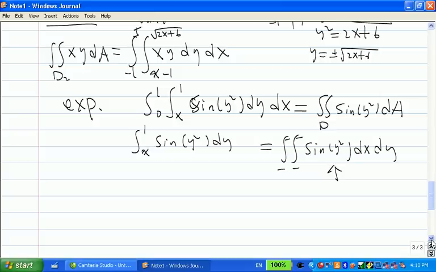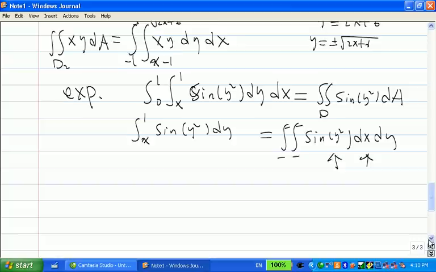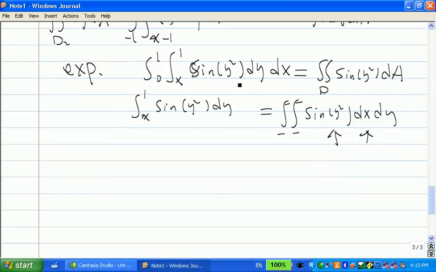Before we integrate this integral, we have to figure out what region D is. Before, we always knew D, then we fixed those four limits. This time we know the four limits, and we want to figure out what D is. Now look at it here. x goes outside.